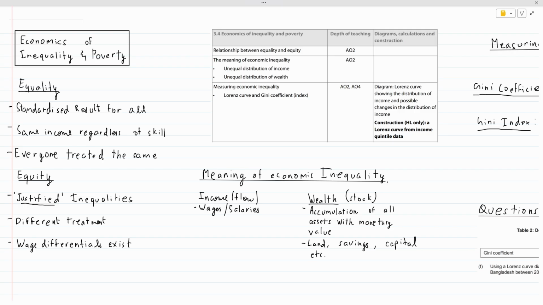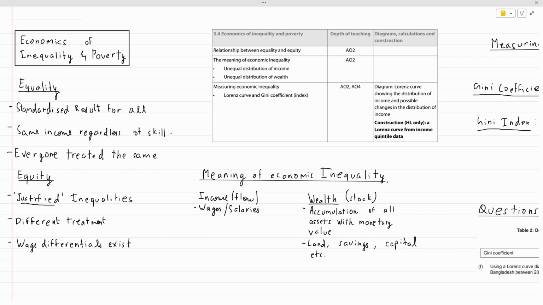So what that basically means is that if we take an example, let's say that everyone in an economy earns the same income regardless of skill. For example, if the CEO of a really large company, a laborer who's working on a construction site, or somebody who's working a 9 to 5 job all earn the same income regardless of how much work or mental stress or physical exertion they're experiencing or the value they're providing to society.